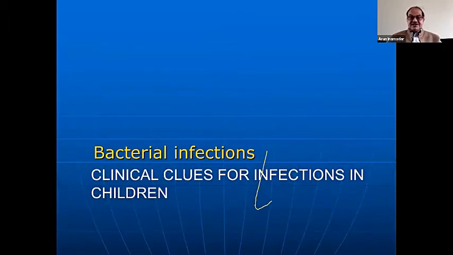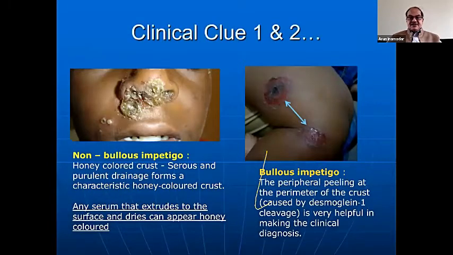for infection in children. The first would be, we know often with impetigo. The dilemma is non-bullous impetigo and bullous impetigo. The non-bullous impetigo, the classical honey-colored crust, is nothing but serous and purulent drainage which forms a characteristic honey-colored crust. In fact, any serum that exudates or extrudes to the surface and dries can appear honey-colored.